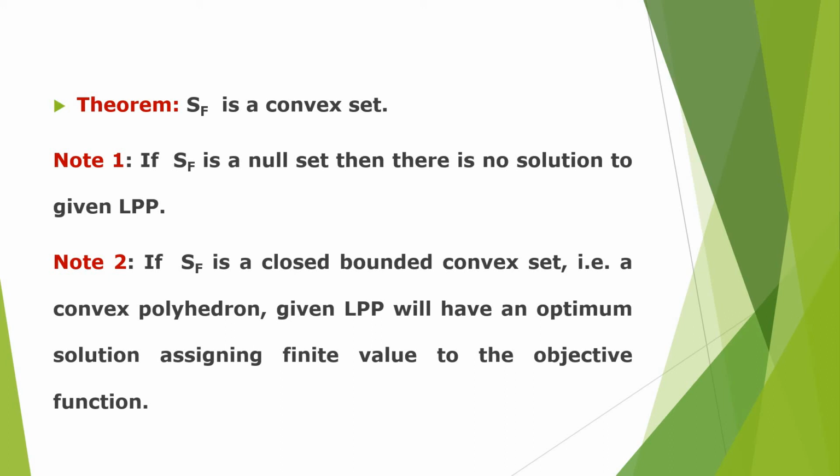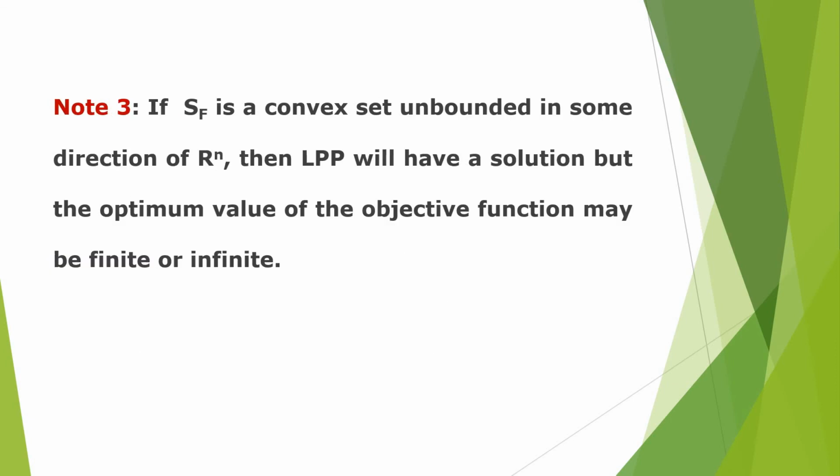So if SF is a closed bounded convex set, and generally we call it a convex polyhedron, then it guarantees that the LPP under consideration will have an optimal solution and it will give a finite value to the objective function.